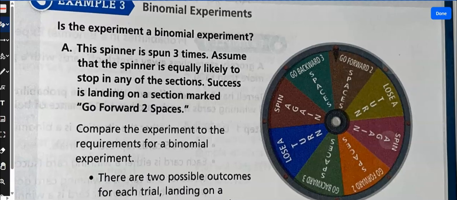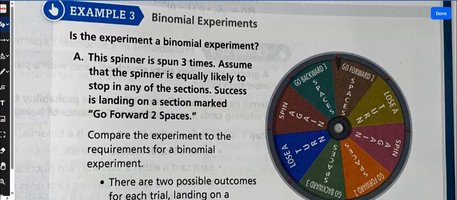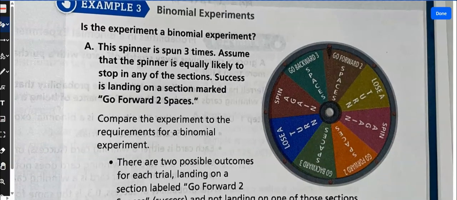Is the experiment considered a binomial experiment? This spinner is spun 3 times. Assume that the spinner is equally likely to stop in any of the sections. Success is landing on a section marked go forward 2 spaces. I see that here and I see that here.